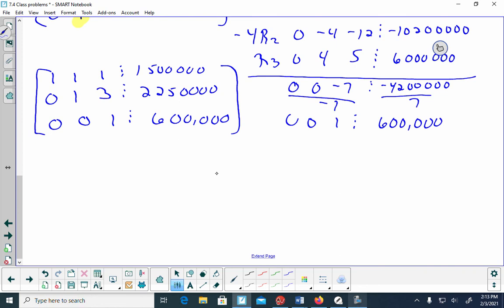I'm going to continue on for reduced row echelon, and I'm going to do row 2 and row 3 to eliminate this. So I'm going to multiply row 3 by -3, which is what you're going to do anyhow. So -3 times row 3 will be 0, 0, -3, and then I'm going to have row 2, which is 0, 1, 3.